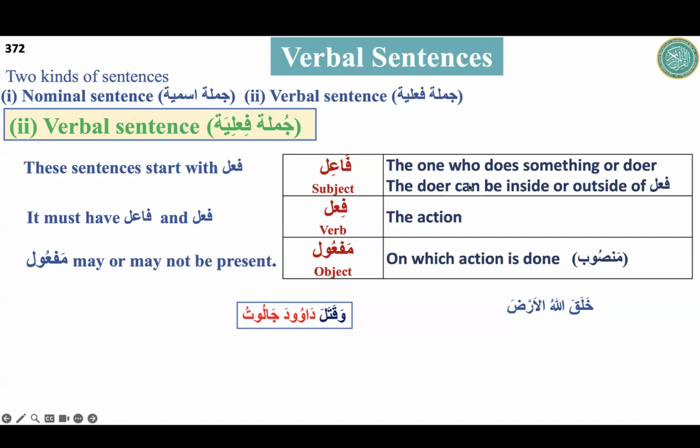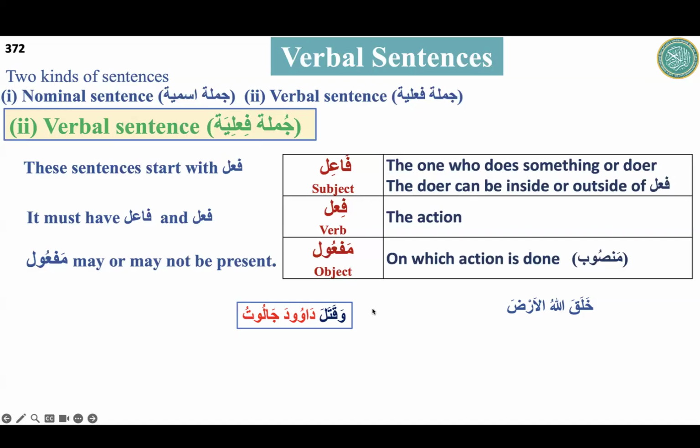Tell me about this sentence. What type of sentence is it? Verbal. So it is jumla fi'liyya. In English, what will you say? Verbal sentence. Okay, in verbal sentence, tell me about here. What is the verb here?